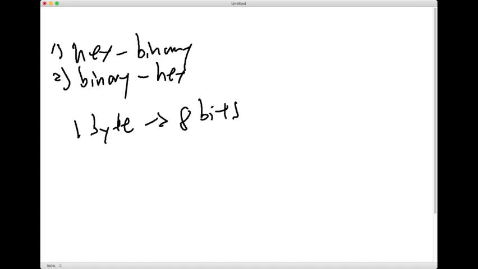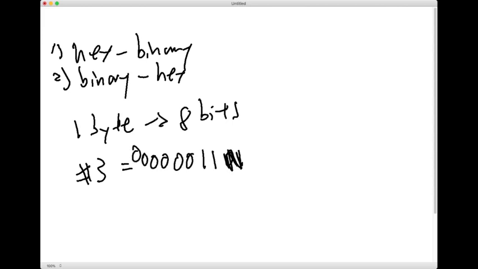And if we wanted to represent the number 3, let's start from right to left. So it'd be 1, 1, 0, 0, 0, 0, 0, 0. So that's 8 bits.